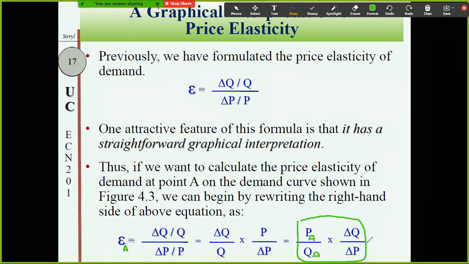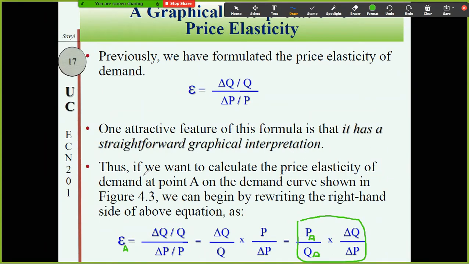There is still change, but we don't say change here. Okay, so previously we formulated the price elasticity of demand like this: epsilon equals percentage change of quantity demanded divided by percentage change of price. One attractive feature of this formula is that it has a straightforward graphical interpretation.